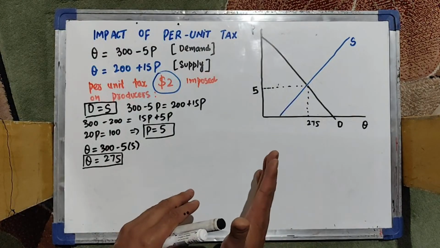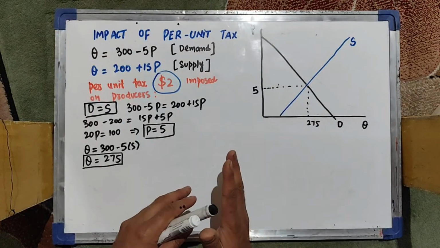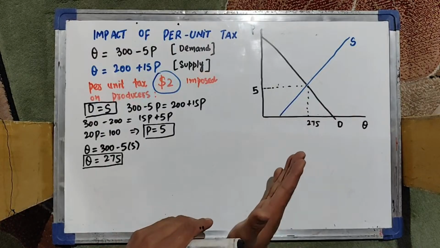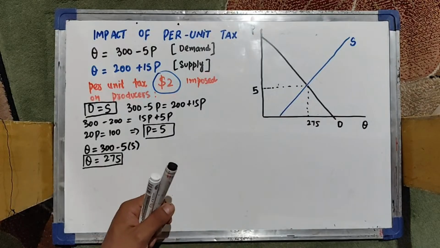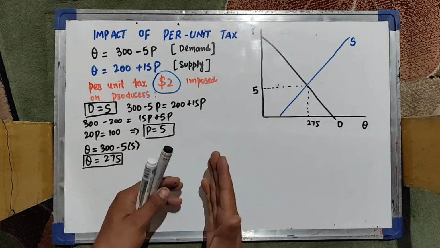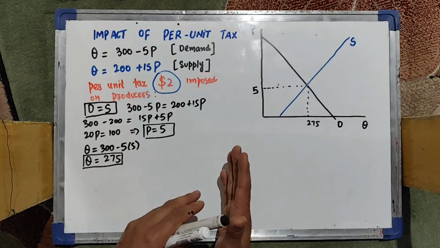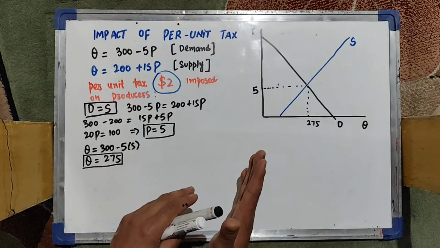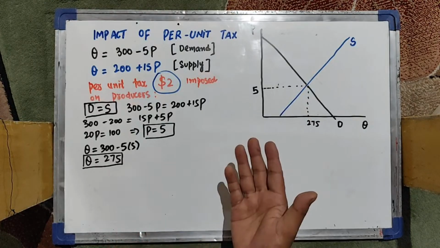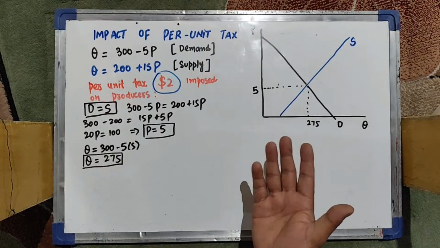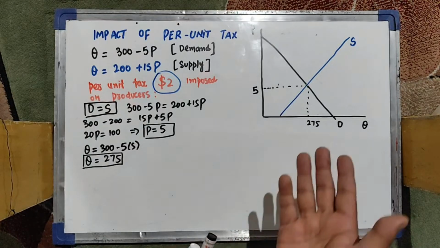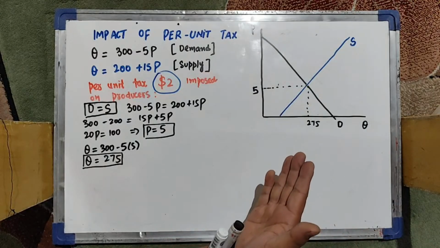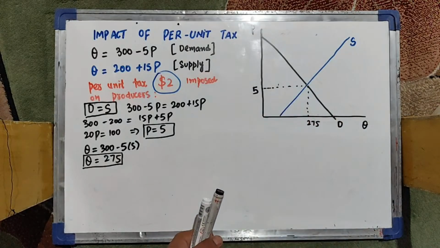It will increase the cost of production for the sellers, thereby shifting the supply curve upward by the amount of tax. In other words, any tax levied on producers just increases the marginal cost per unit, because we know that the supply function is in fact the marginal cost function.